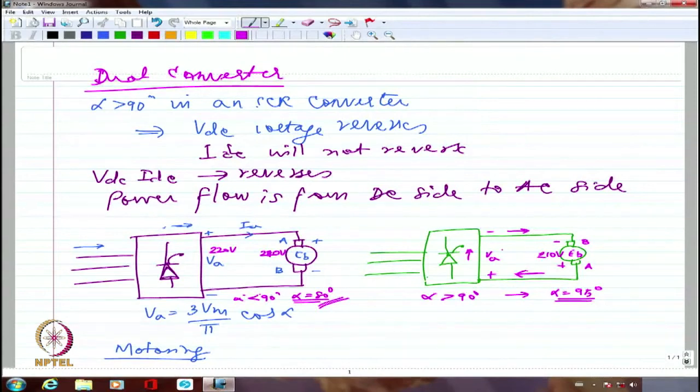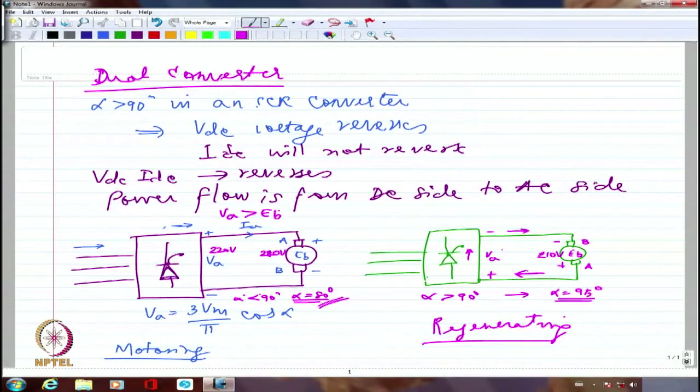But that's when I think Shikhar asked, why not have two converters? That will do the job, and from which we actually migrated to dual converter. So coming back to dual converter, this is motoring and this is regenerating, right? And here VA has to be greater than EB.